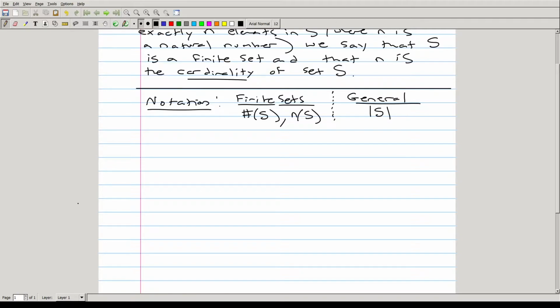Just for example, a very direct example, if S is the set of elements A, B, C, then the cardinality of S can be written as number of elements in S, or as n of S, or as the two lines right here, which look like the absolute value lines, but they're denoting the cardinality of the set.